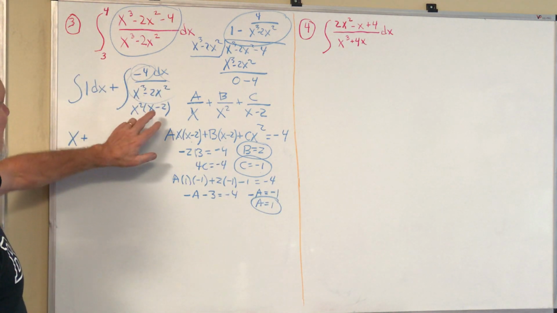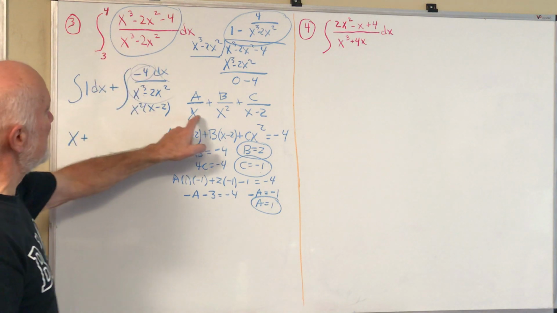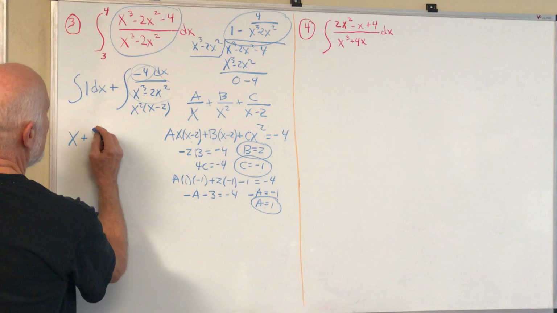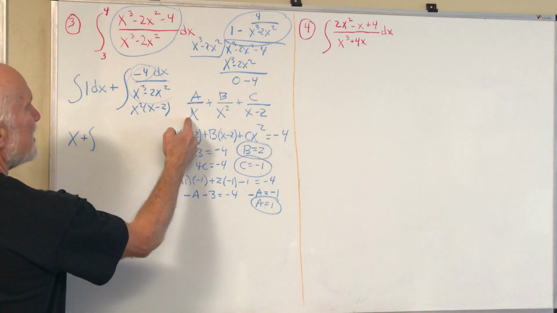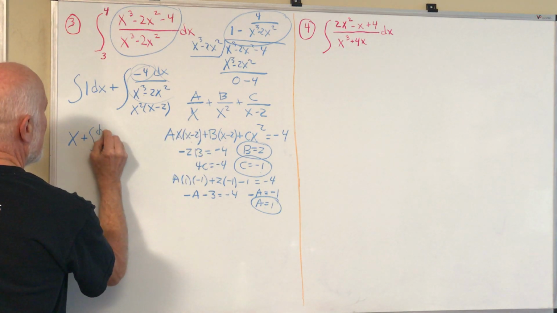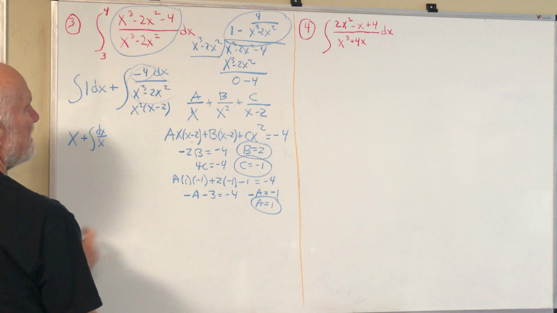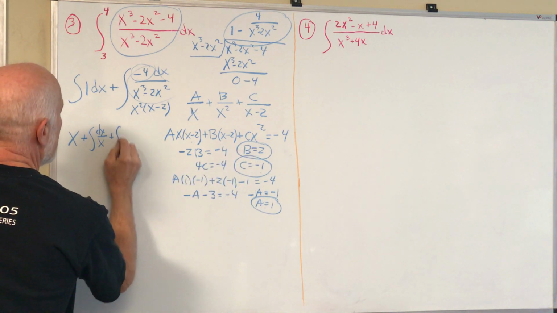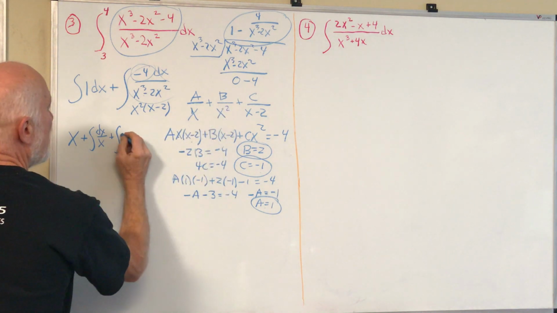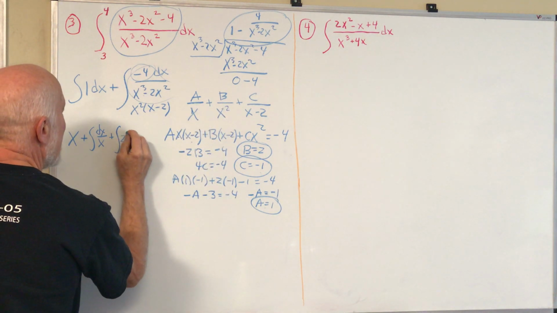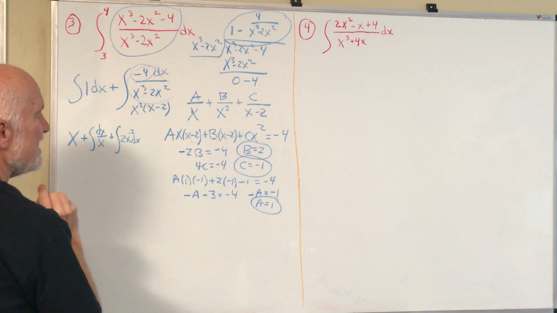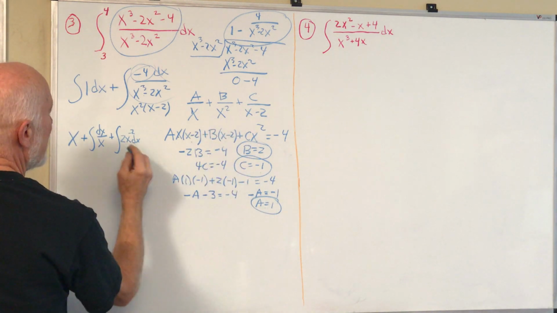So now we can take this integral and make it into 3 separate integrals. So A is 1. So we have 1 over x. And then we have B to be 2. And so we might as well call this 2x to the negative 2. And then C is negative 1.